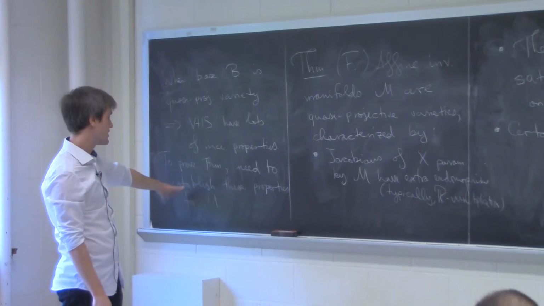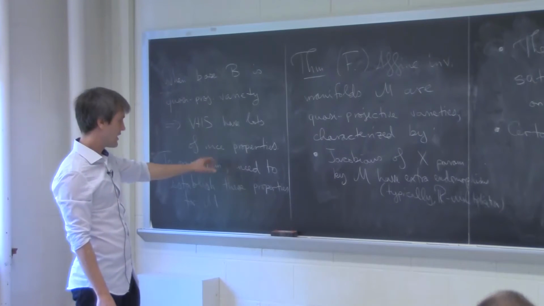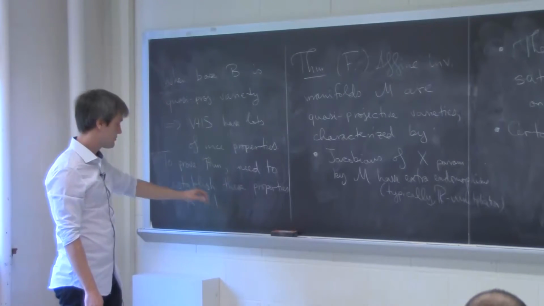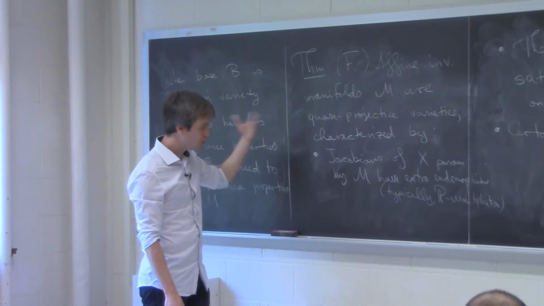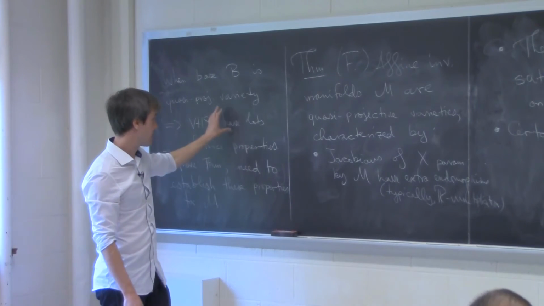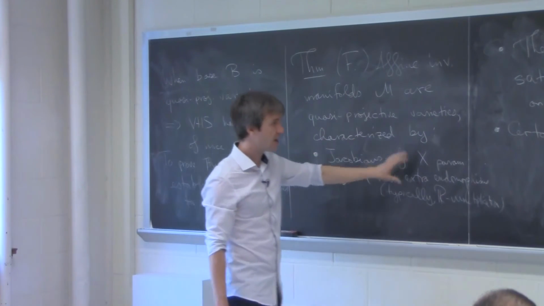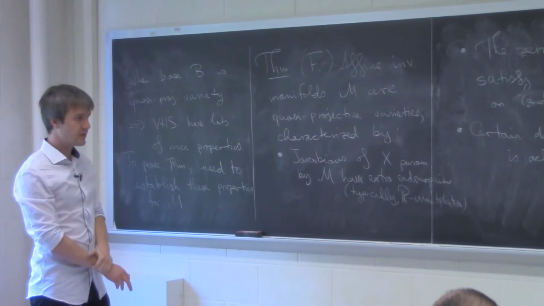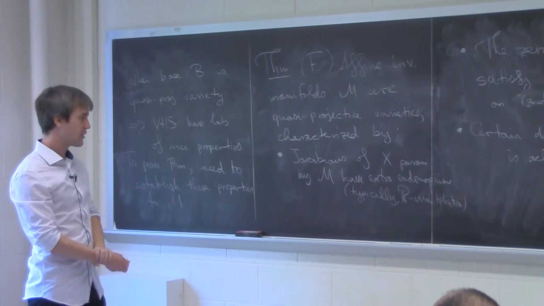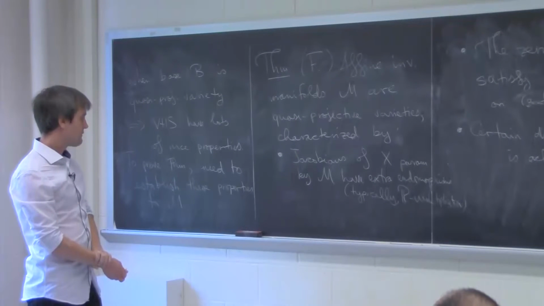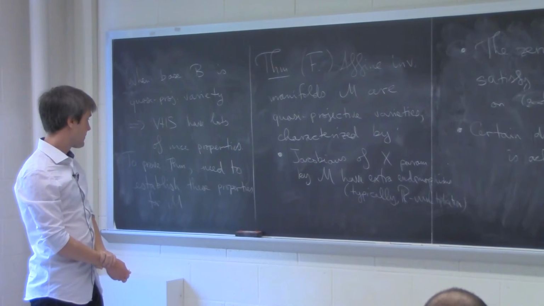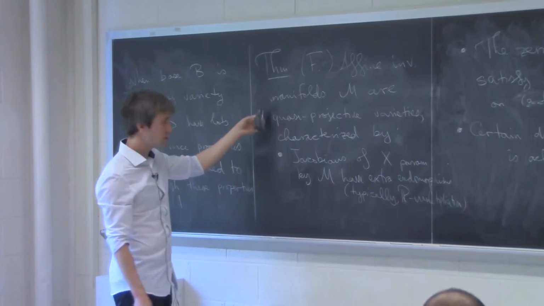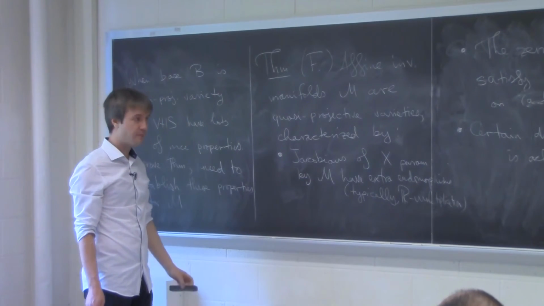Once you establish these properties, and I haven't told you specifically what these properties are, those abstract properties that variations of Hodge structure have will imply these things in a way which is mostly just playing a lot with linear algebra. So once you establish these properties, you can deduce that M will have to be itself quasi-projective.